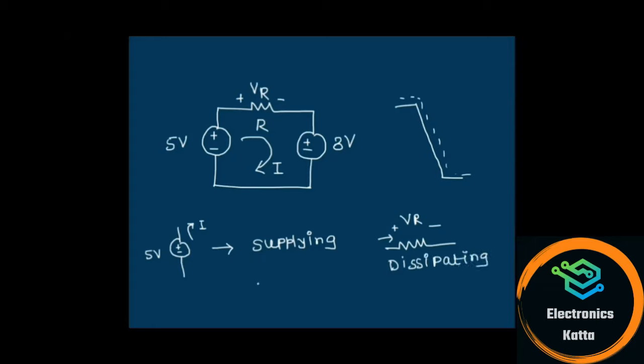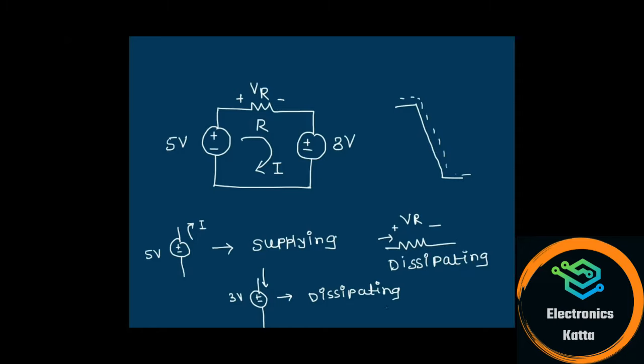Now let's see the 3 volt source. Across the 3 volt source the current is entering the positive terminal, so this 3 volt source is also dissipating energy or power. So the 5 volt source is supplying energy, and the resistor and the 3 volt source are dissipating energy or power.